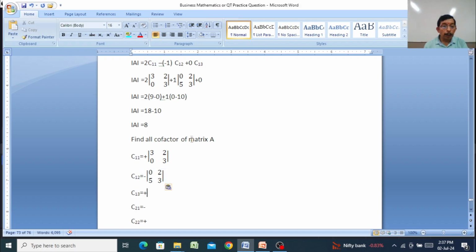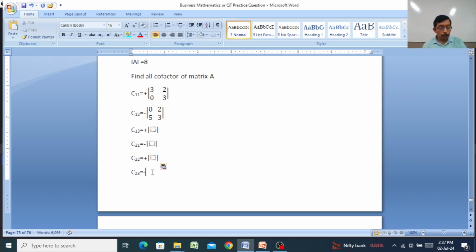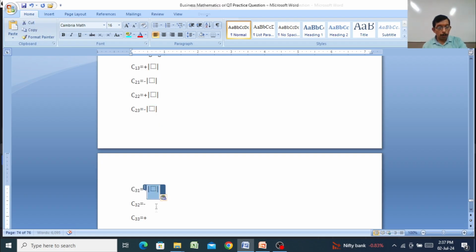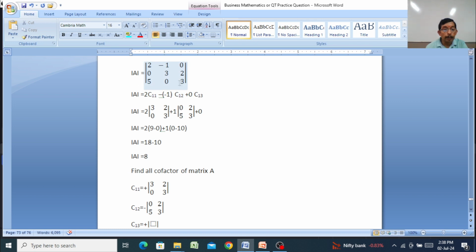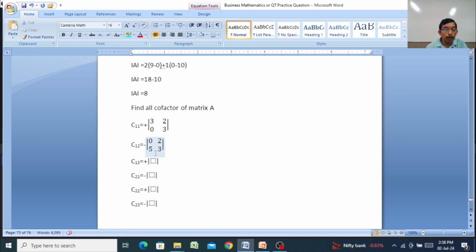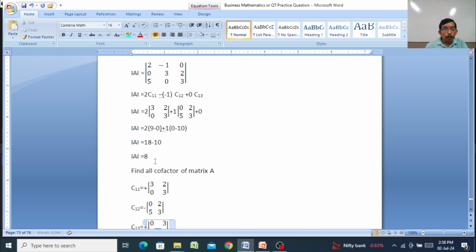C13, first row, third column element, cancel out, and the remaining elements are 0, 3, 5, 0.